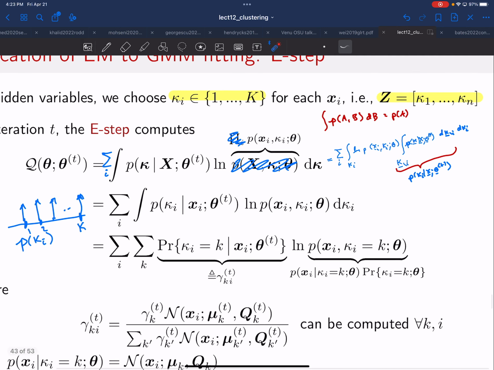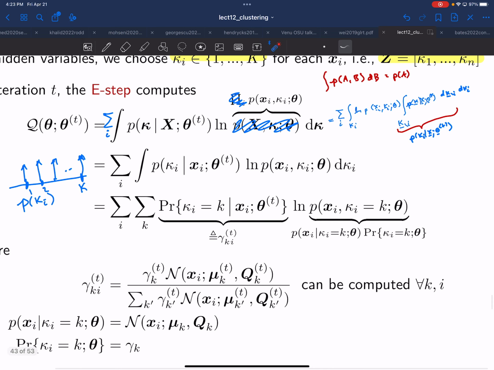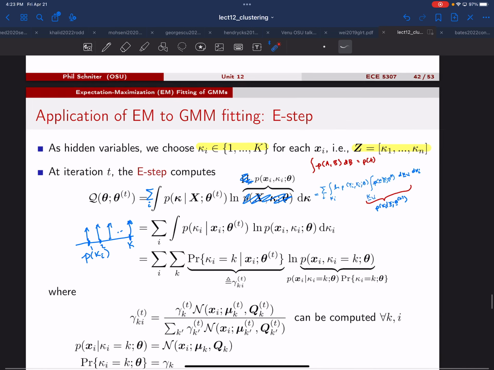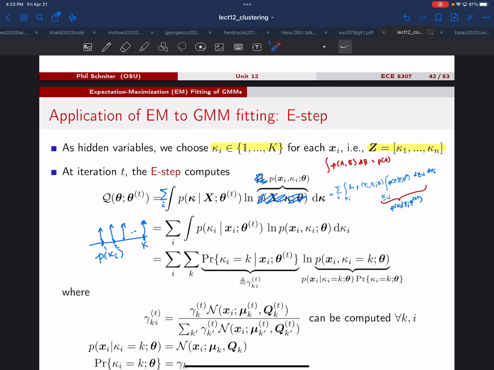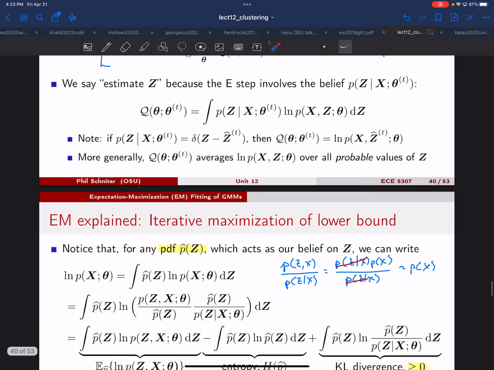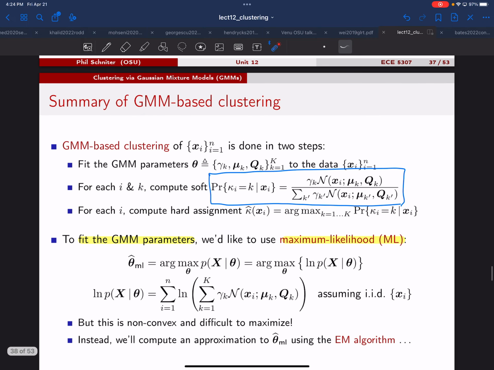Okay, so now you can see that we can actually fill in some of the blanks. So this was one of the equations that I put in a blue box. This is probability of kappa given x i. So that was, where was it? That was this one. Okay, so in this expression, we don't have any prior information.